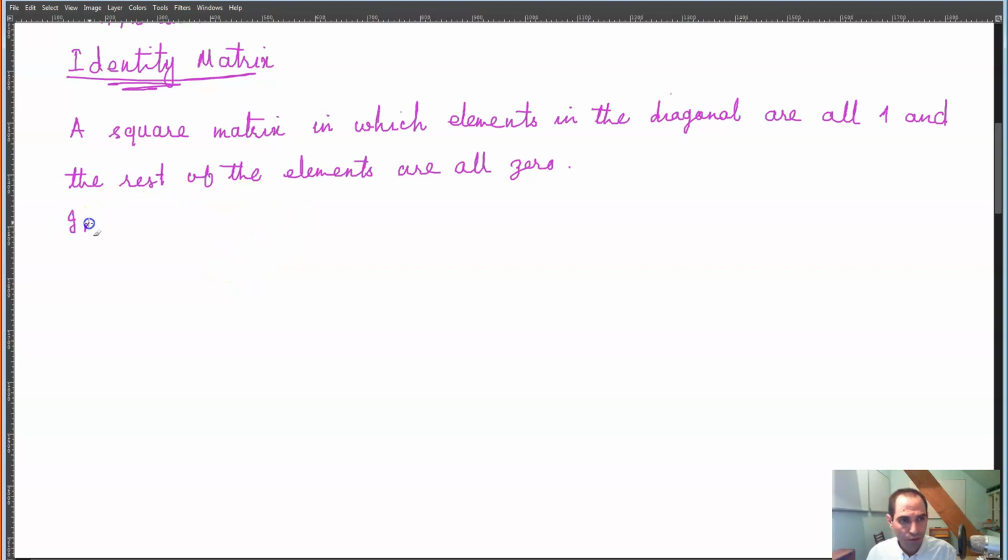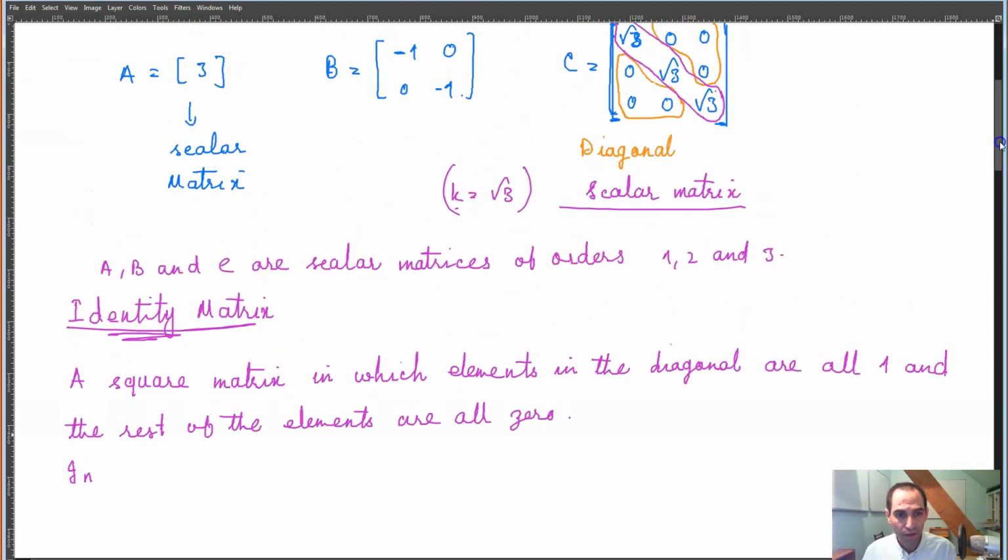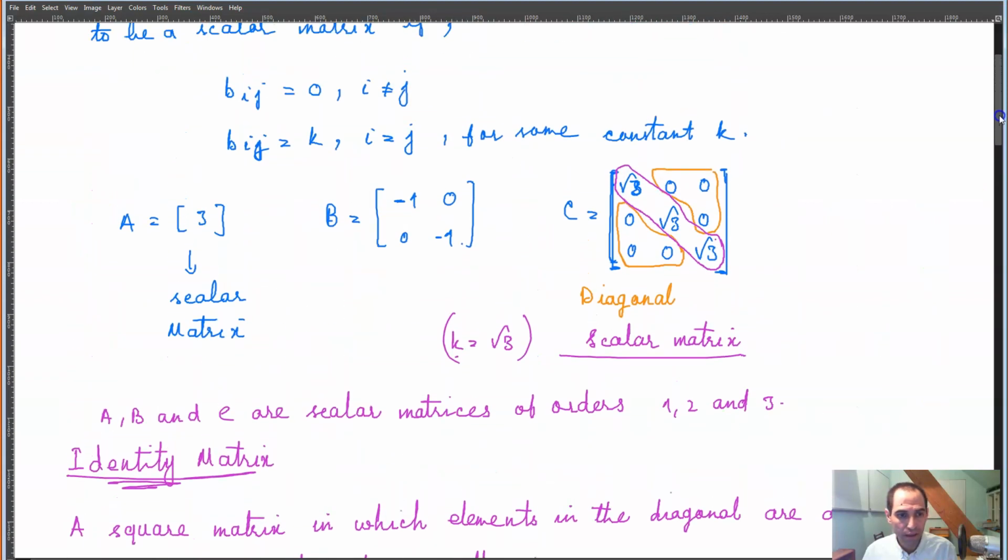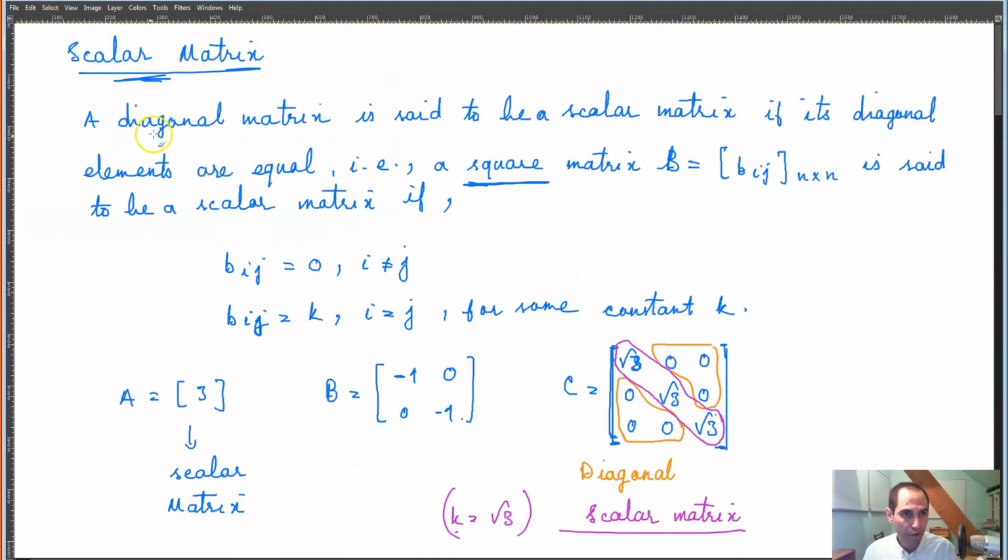In other words, when you say a square matrix in which the elements in the diagonal are all 1, that automatically becomes a scalar matrix, right? Because a scalar matrix is a diagonal matrix in which the diagonal elements are all equal.